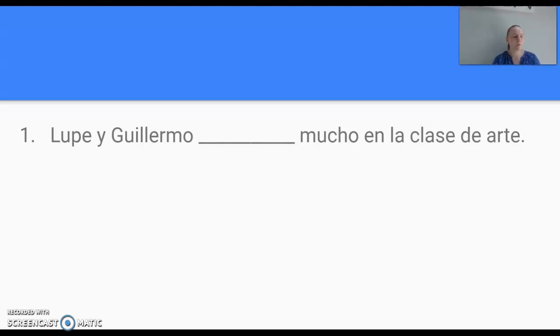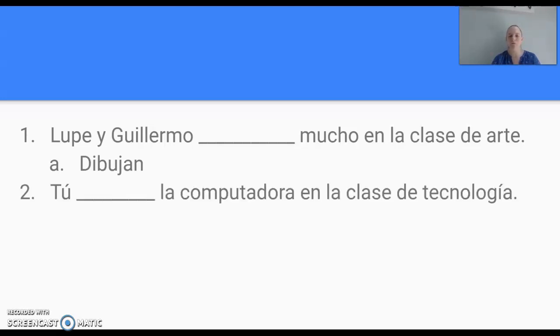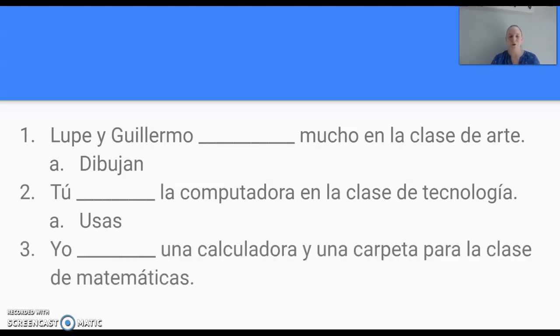Okay, number 1, Lupe y Guillermo dibujan mucho en la clase de arte. Lupe and Guillermo draw a lot in art class. Number 2, tú usas la computadora en la clase de tecnología. You use the computer in tech class. Number 3, yo necesito una calculadora y una carpeta para la clase de matemáticas.